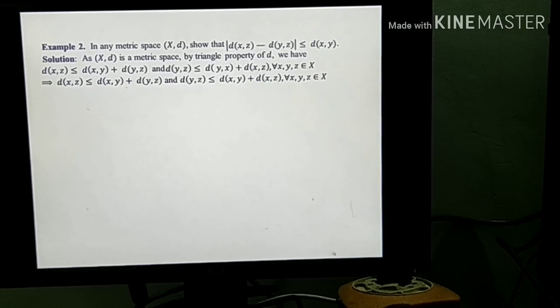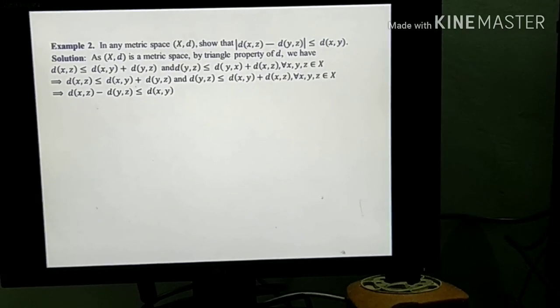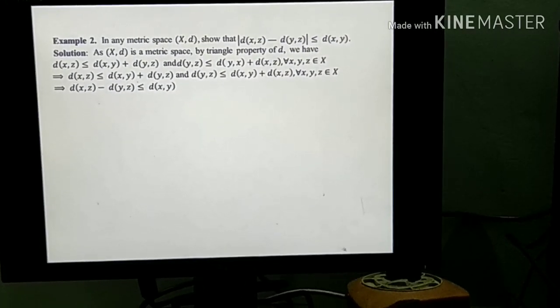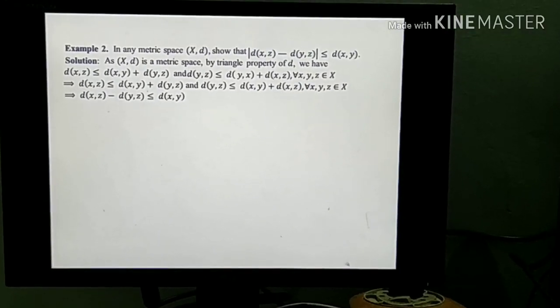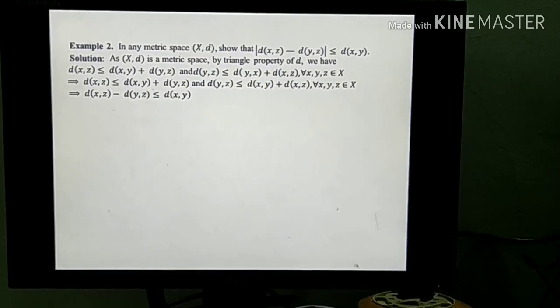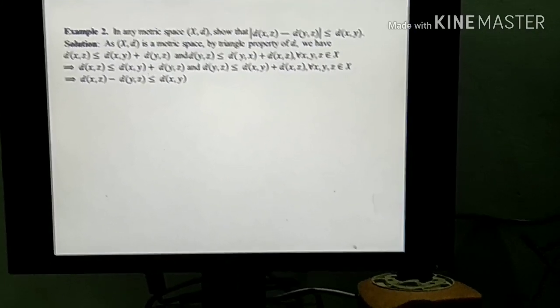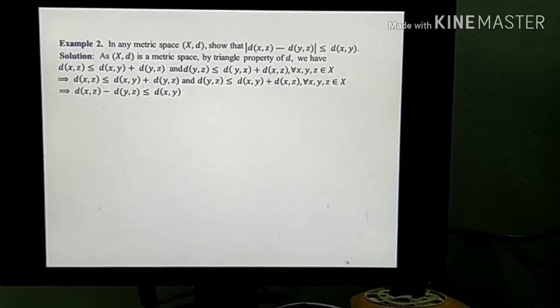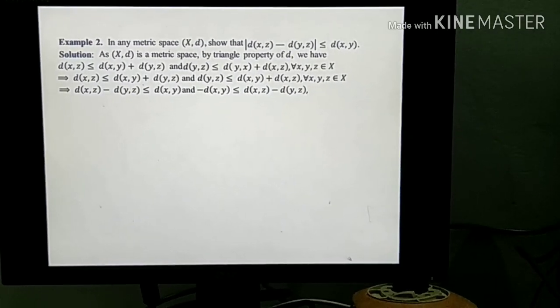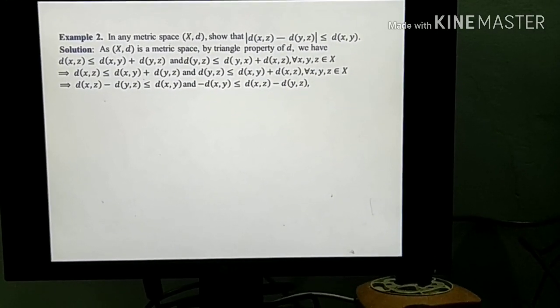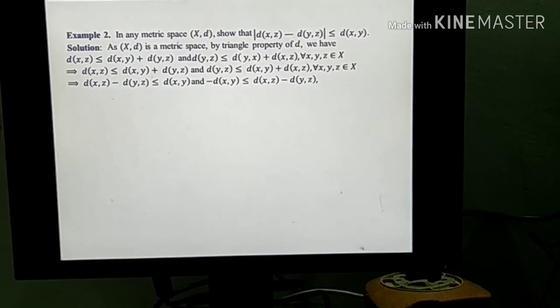Now from these two inequalities, we can easily write the first inequality as d(x,z) minus d(y,z) less equal d(x,y), and from the second we can write minus d(x,y). You have to shift d(x,y) to the left and d(y,z) to the right.